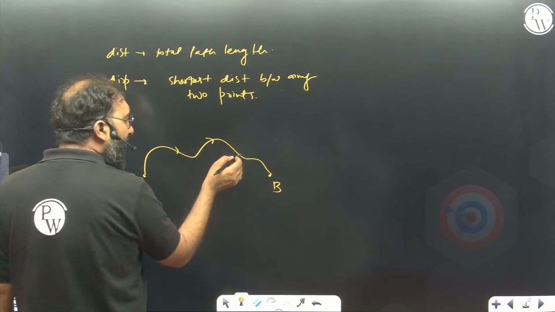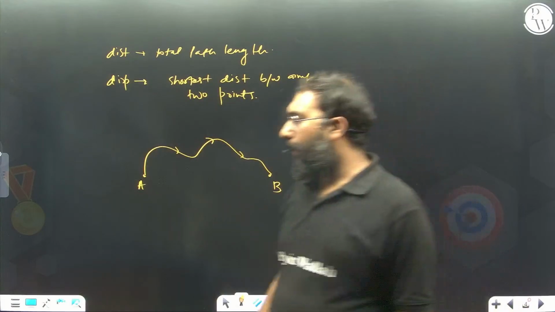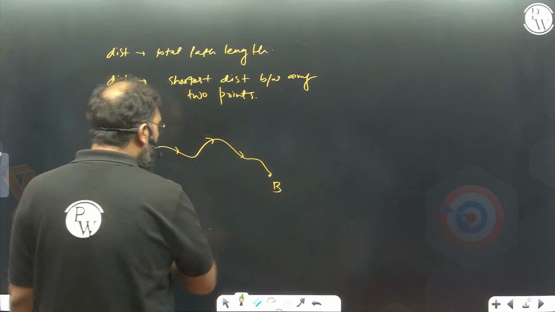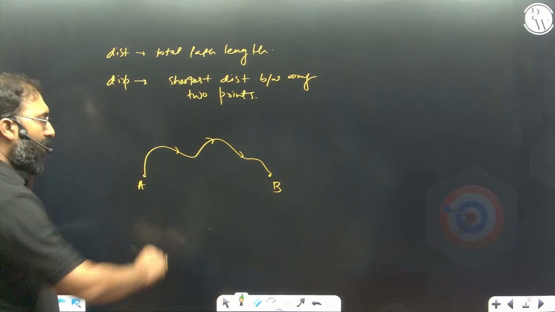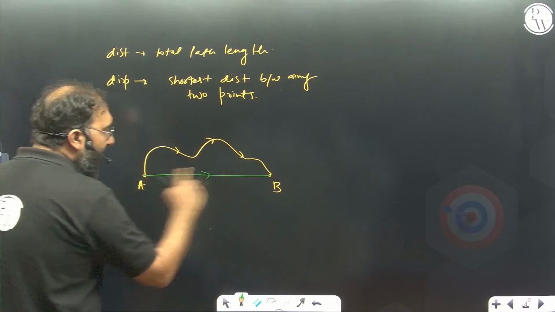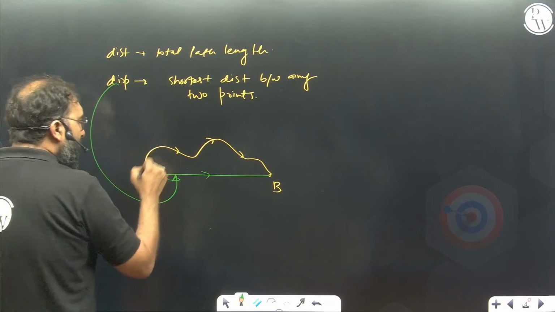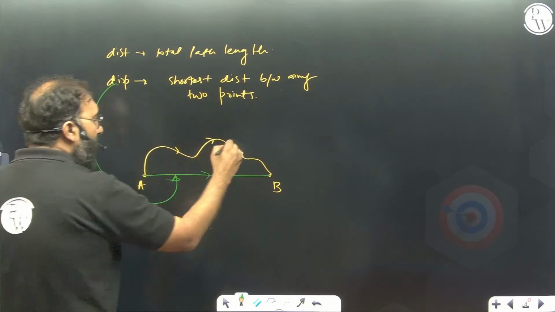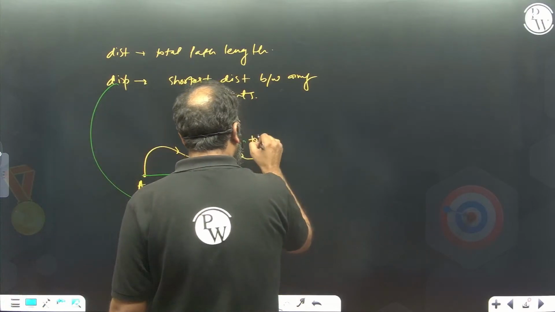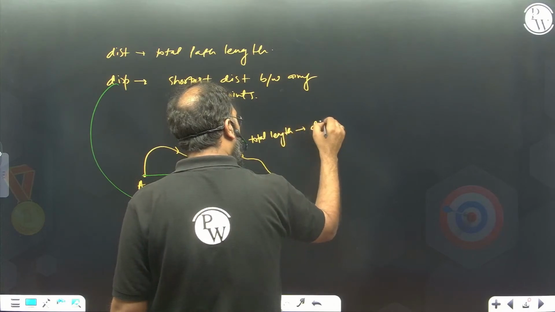The particle follows some random path to go from A to B, and in this case, to write down the displacement of the particle, I straight away join A and B. This green line between A and B represents the displacement, and the length of this yellow path represents the length. I'm talking about the total length, which is distance, right?